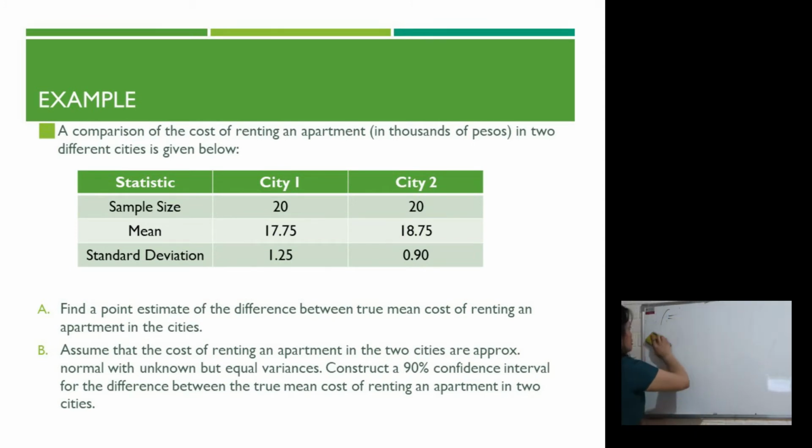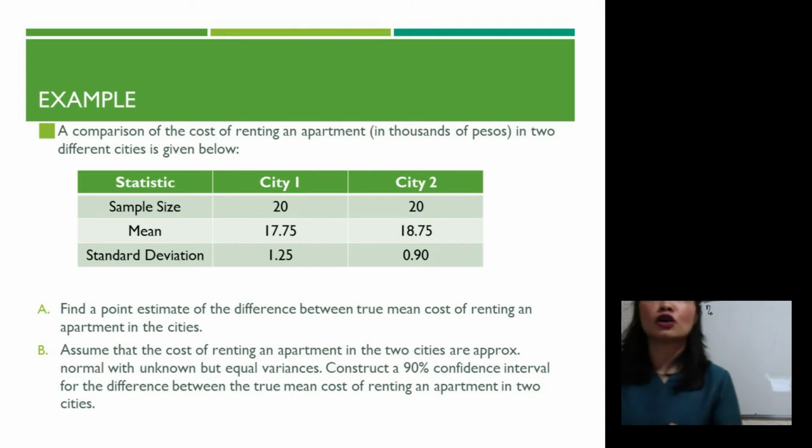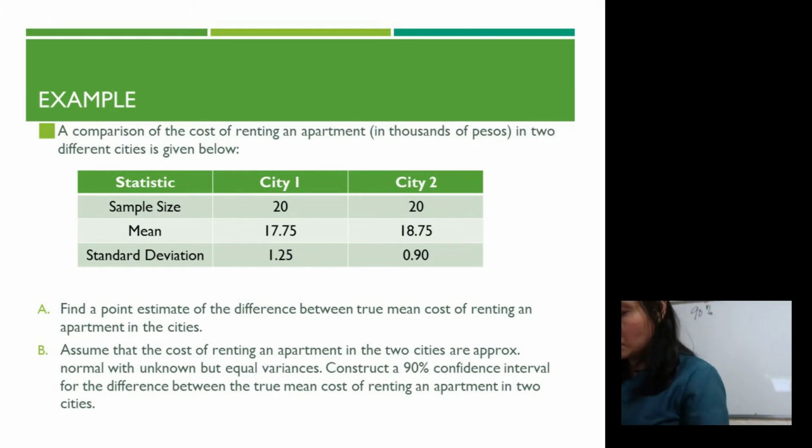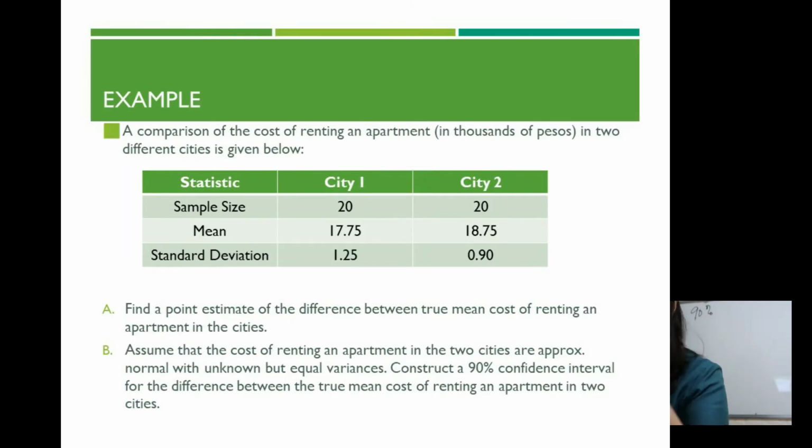Since the given sample size is less than 30, we will be using T alpha over 2. How do we use T alpha over 2?